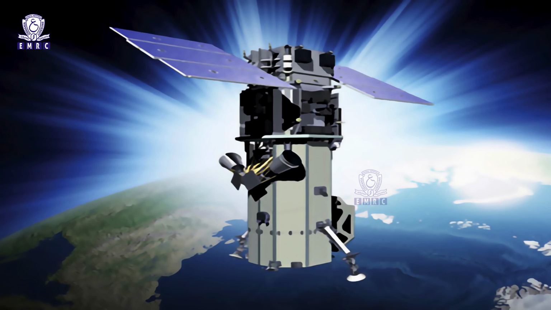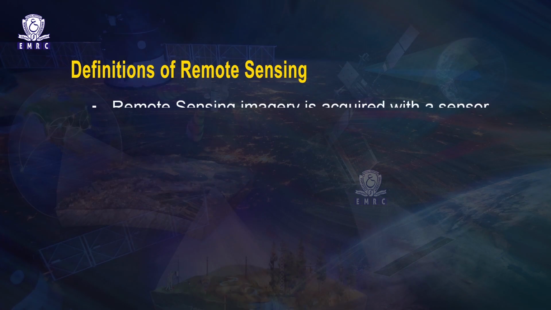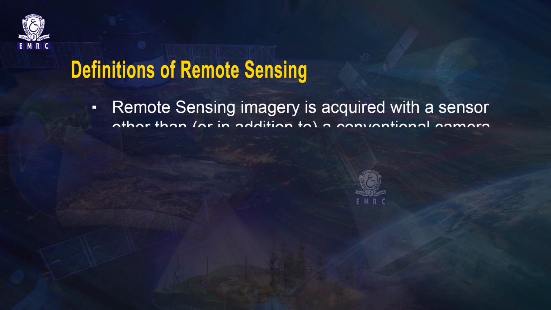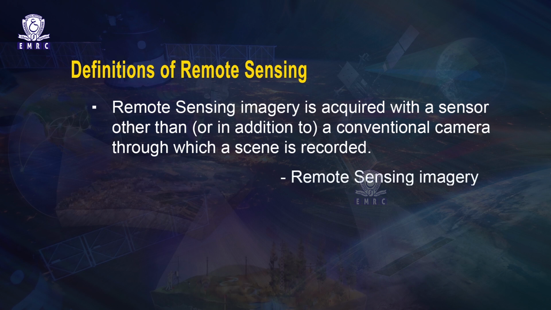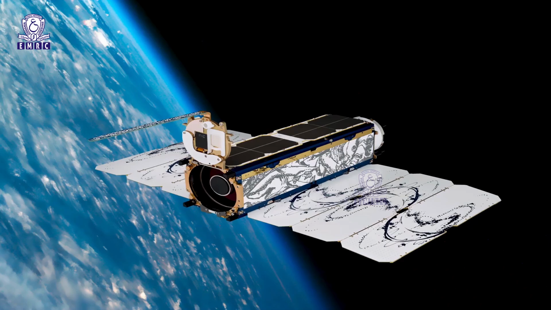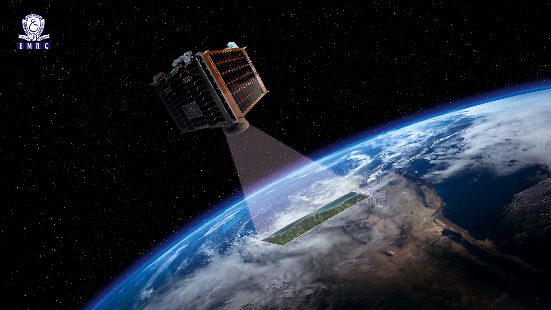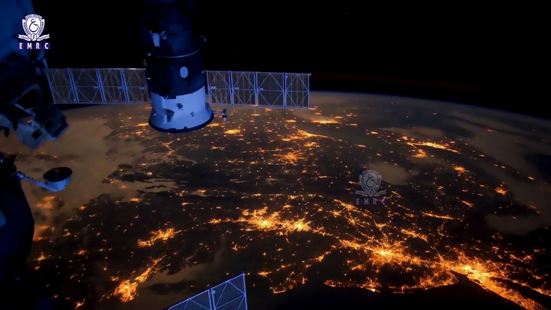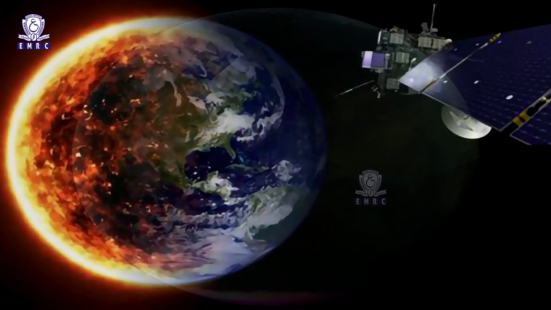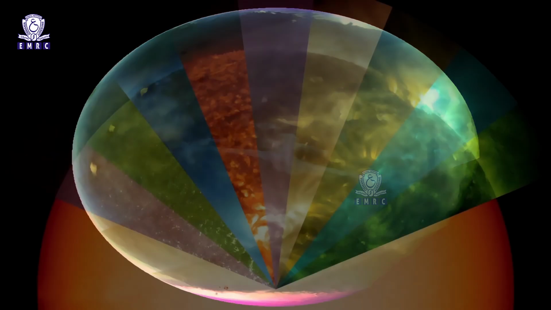According to the American Society of Photogrammetry, remote sensing imagery is acquired with a sensor other than, or in addition to, a conventional camera through which a scene is recorded, such as electronic scanning, using radiations outside the normal visual range of the film and the camera: microwave, radar, thermal, infrared, ultraviolet, as well as multispectral.